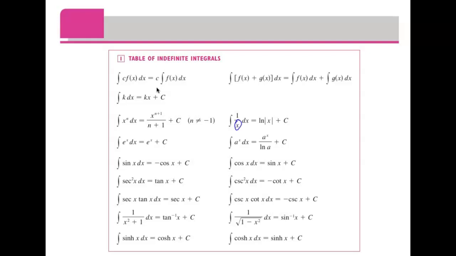It's okay to have 1 over a negative number, like 1 over -2, 1 over -3. But natural log is only defined from 0 to infinity. So when we take the antiderivative of this, since negative numbers are in the domain of this function but can't be in the domain of this function, it's actually natural log of the absolute value of x to make sure all the inputs are positive.